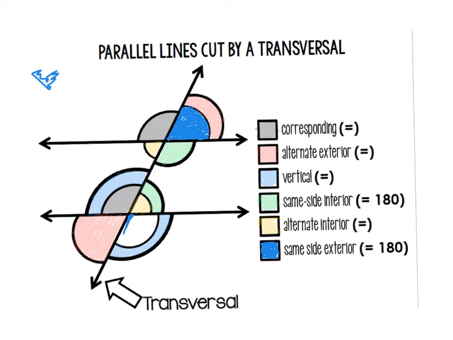That is also to the right of the transversal, and it's also exterior on the outside of the parallel lines. Okay, so there is another visual for the different pairs of angles formed by parallel lines in a transversal.